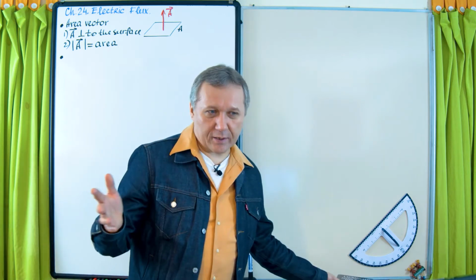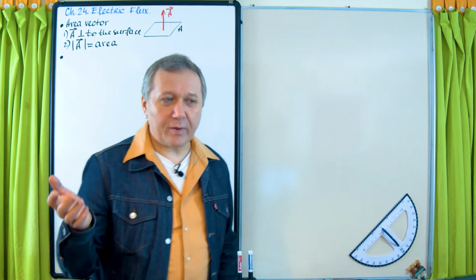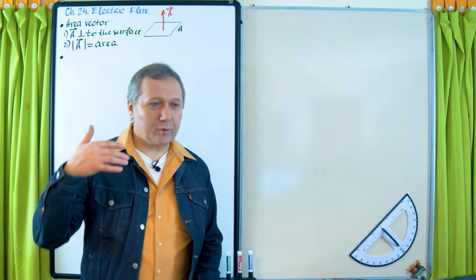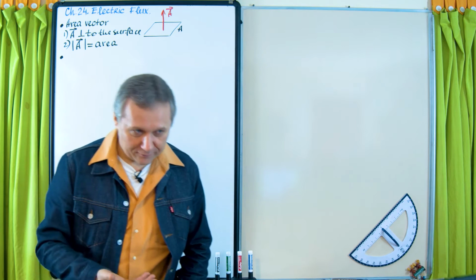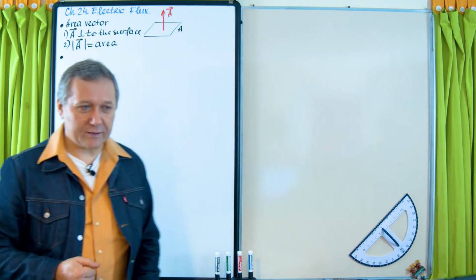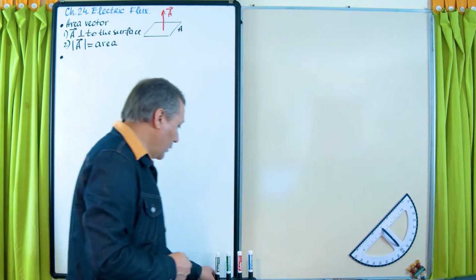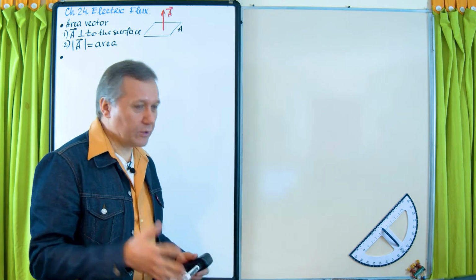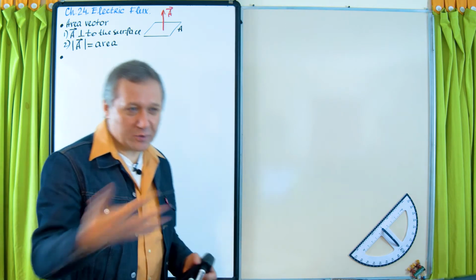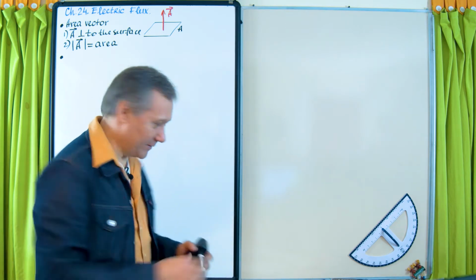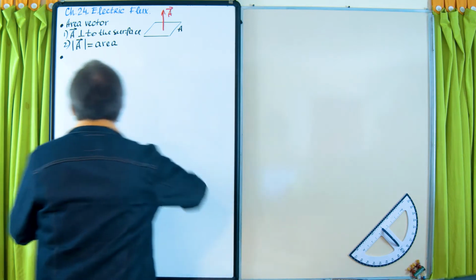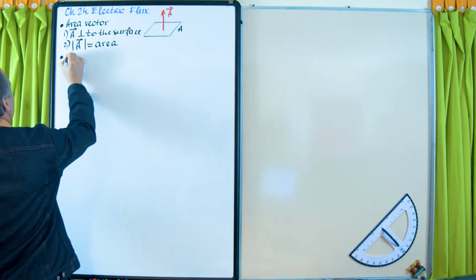Very similar idea will appear in a couple of months when we introduce the magnetic flux. But here we're still dealing with the electric flux. So the simplest situation: flat surface, uniform electric field. So, electric flux.